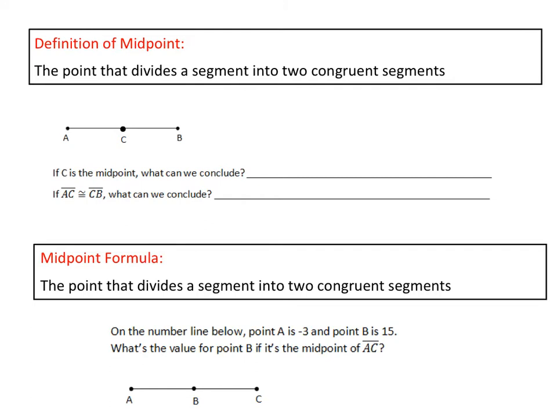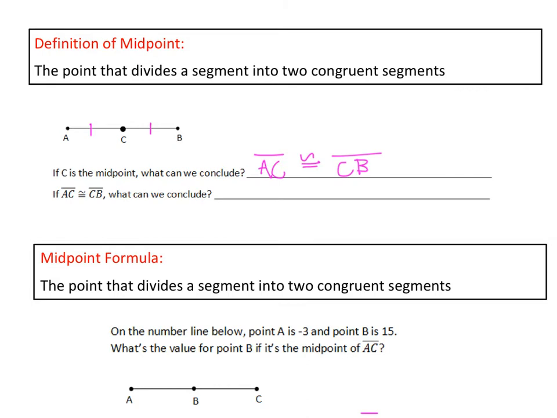So in this example, it says, if C is the midpoint, what can we conclude? Well, we can conclude that it cut segment AB in half, so AC is congruent to CB. So segment AC is congruent to segment CB. That's what we can conclude. So if AC is congruent to CB, what can we conclude?